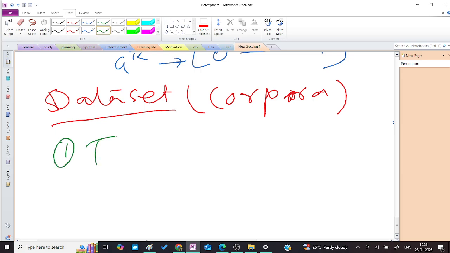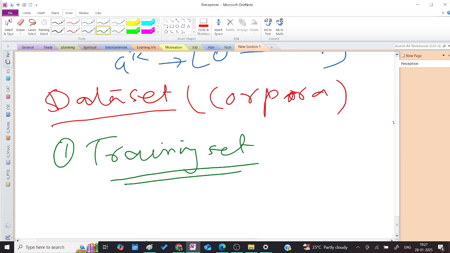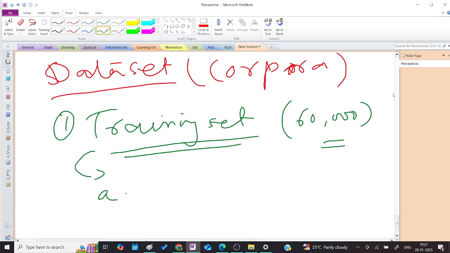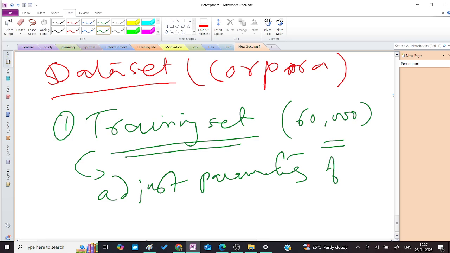One is the training set. For example, for MNIST we have 60,000 training images. What do we do with this data set? We adjust the parameters of the model.